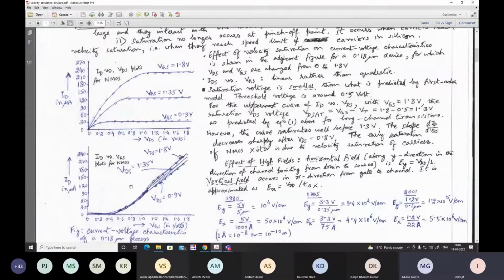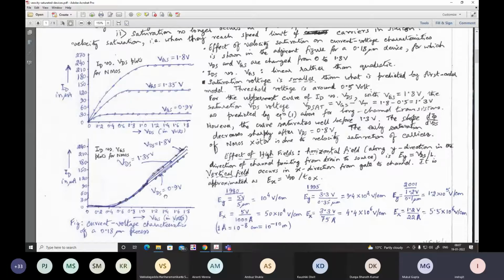And here also, as you can see, the variation of drain current with respect to the gate to source voltage is almost parabolic. Not parabolic actually, it is almost linear, you can say. So we shall try to probe into this, investigate this more analytically.